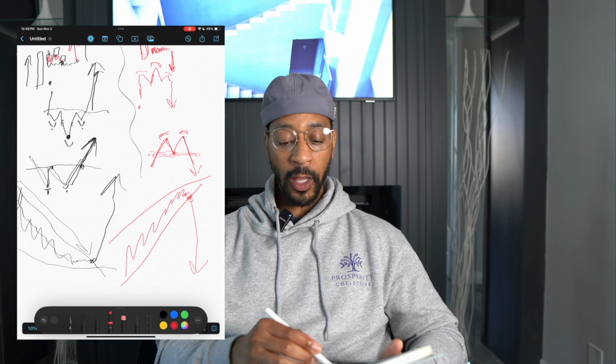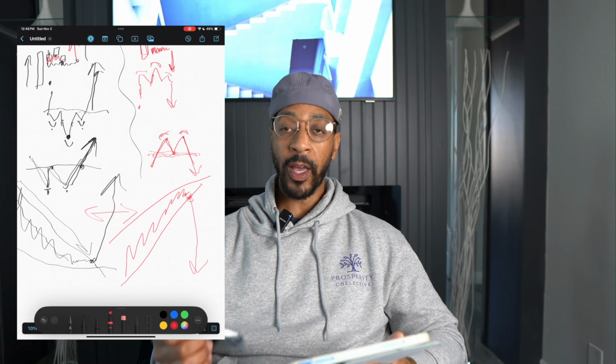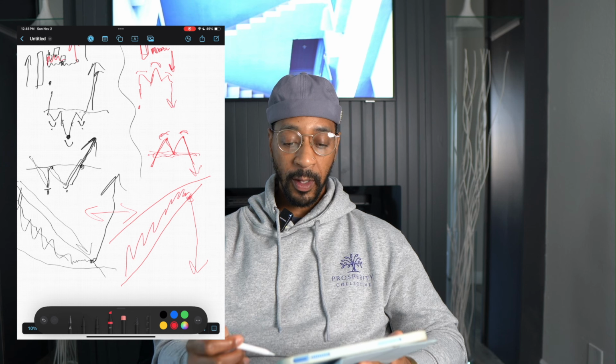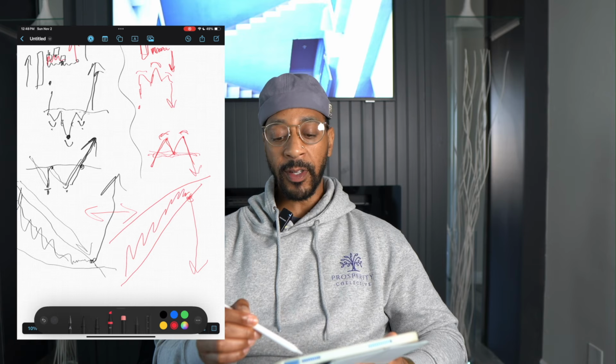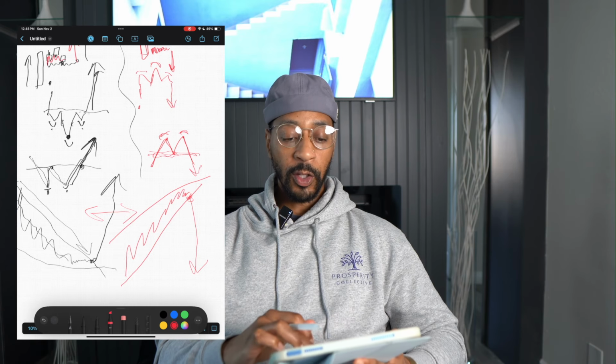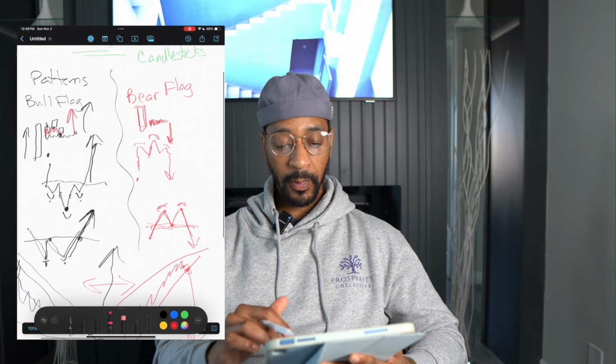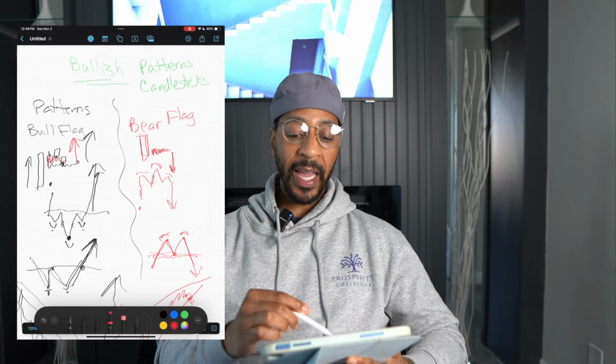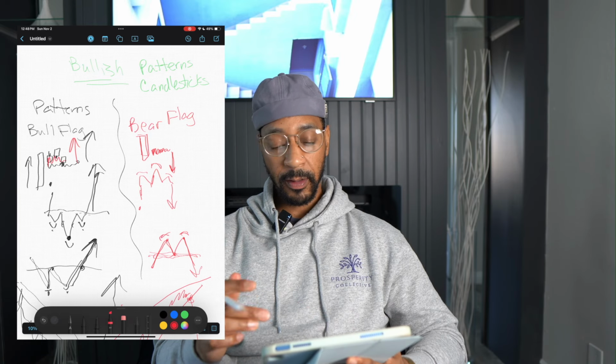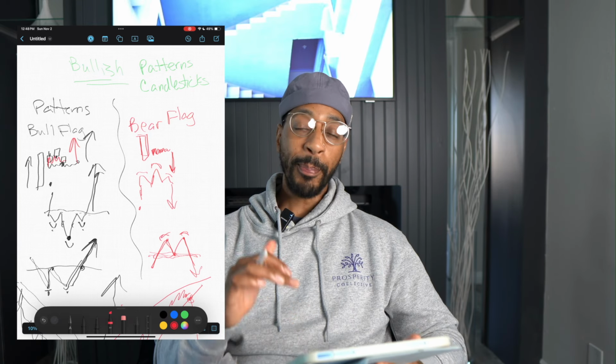So you have a falling wedge and then you have a rising wedge, right? You have a double bottom, then you have a double top. You have an inverted head and shoulders, then you have a head and shoulders. You have a bull flag and you have a bear flag, okay? So these are patterns.